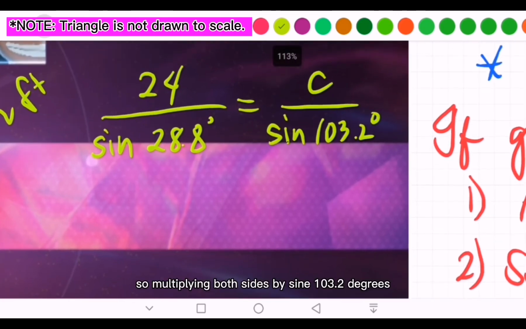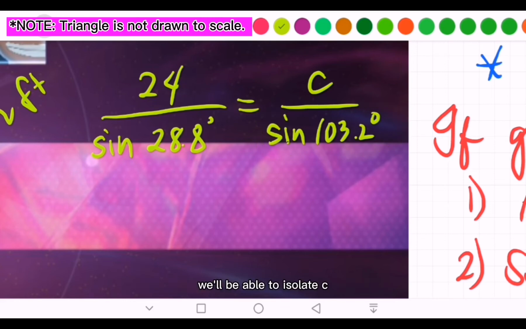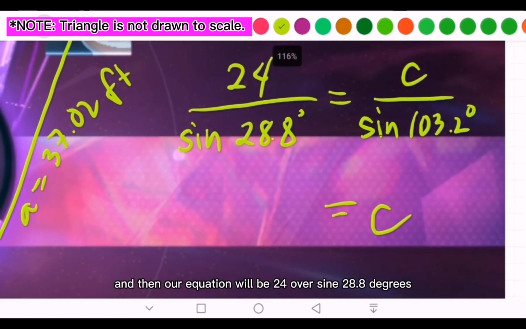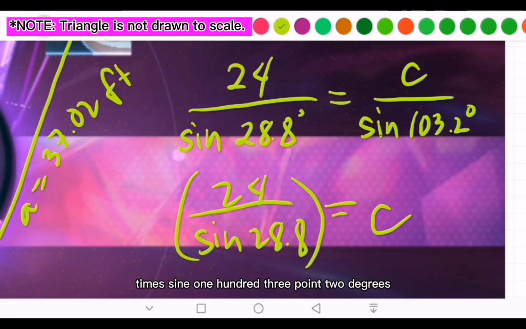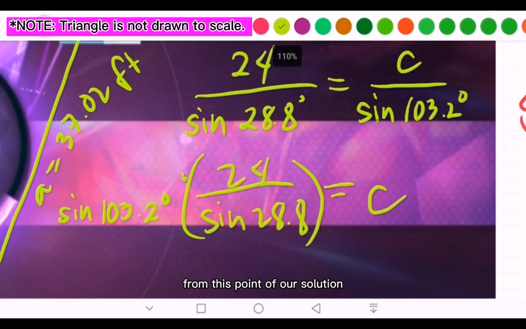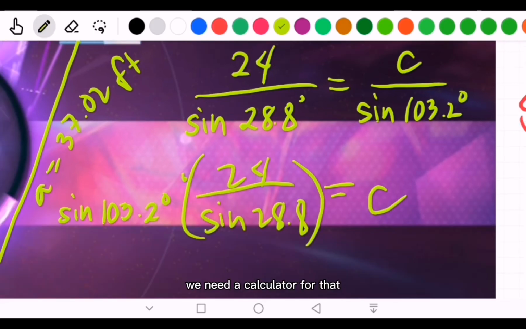Multiplying both sides by sine 103.2 degrees, we isolate c, and our equation will be 24 over sine 28.8 degrees times sine 103.2 degrees. From this point of our solution, we need a calculator.